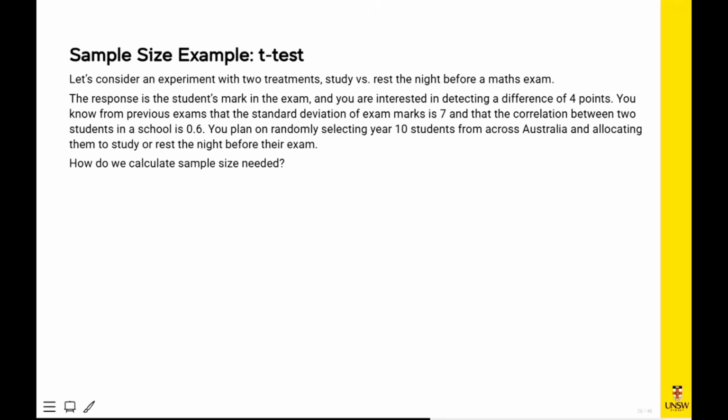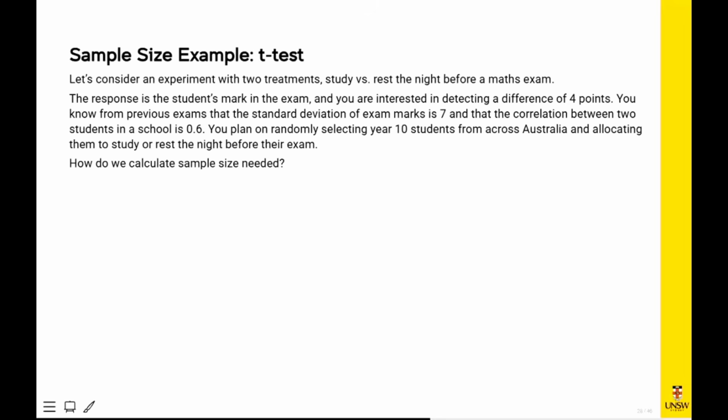So the responses are the marks students get on the exam, and you're interested in detecting a difference of 4 points. That is a meaningful difference on the scale of the scores from the math test. And you know that from previous exams, the standard deviation of exam marks is 7. And you also know that students in a particular school tend to show a correlation of math scores of about 0.6.